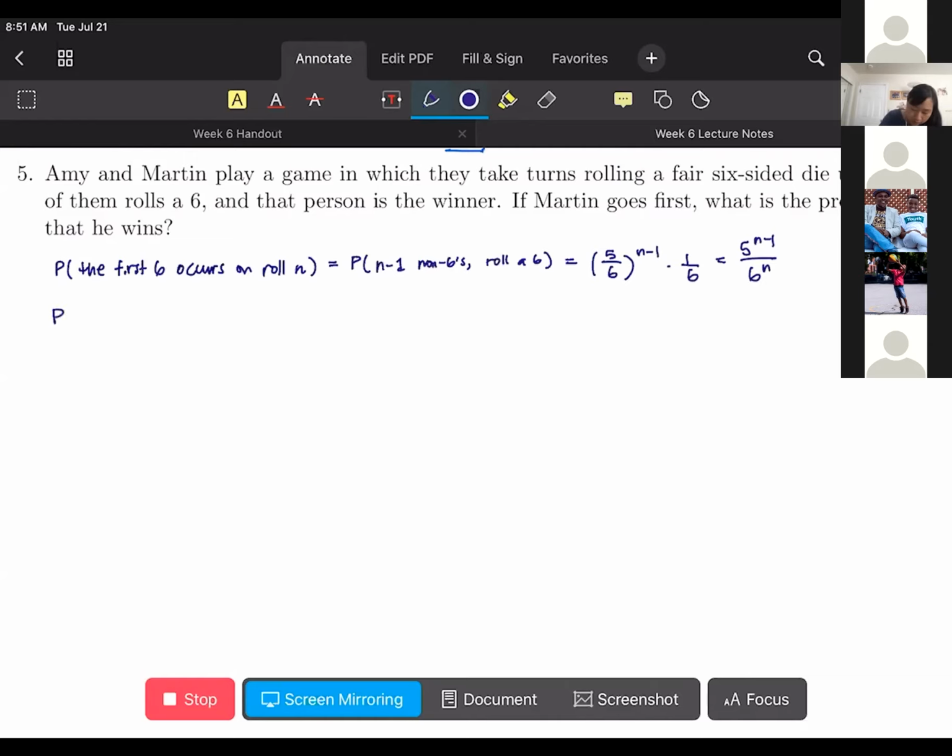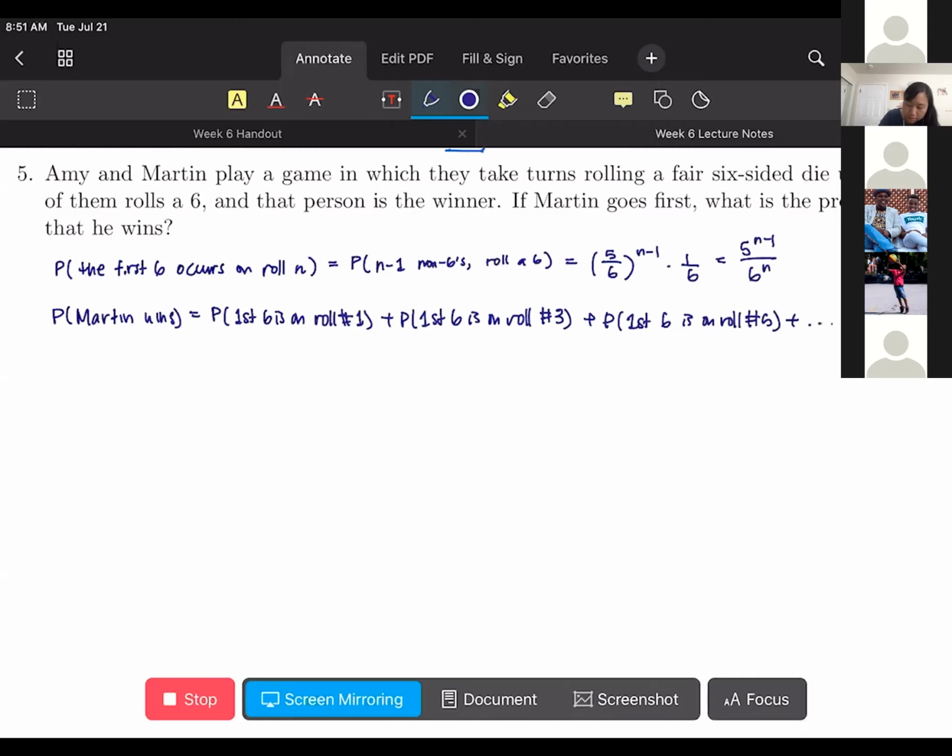So then the series we have is that the probability that Martin wins equals the probability the first 6 is on roll number 1, plus the probability the first 6 is on roll number 3, or 5 or 7, etc. The probability that the first 6 is on roll number 1 is just 1/6.